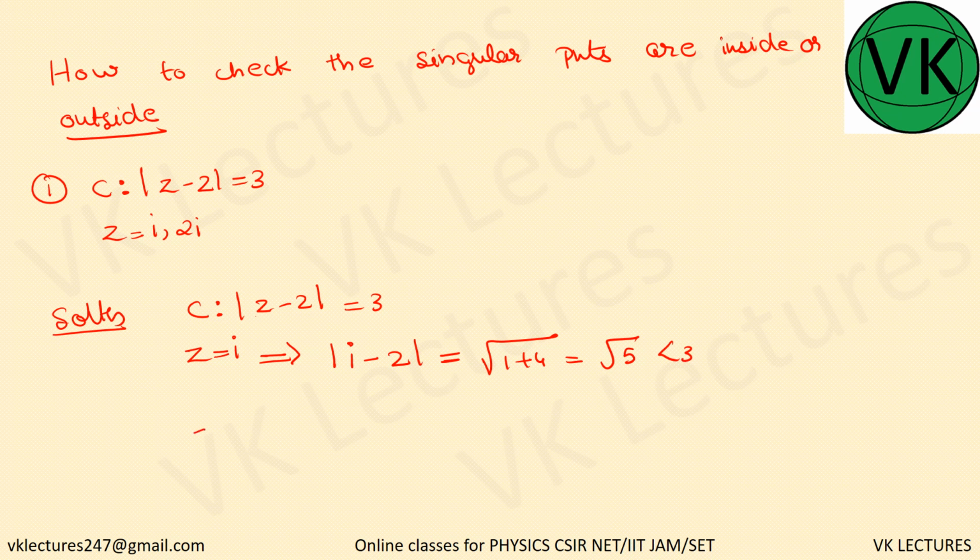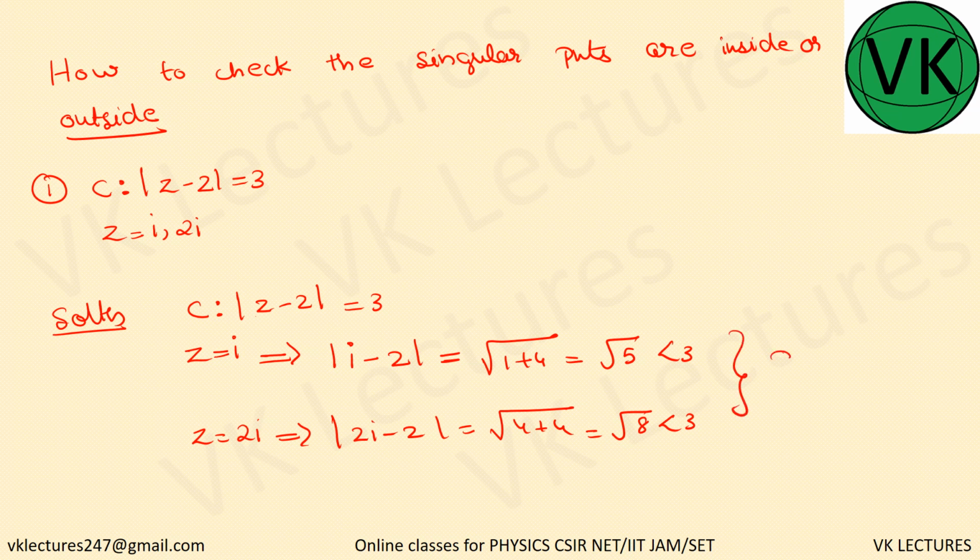And z = 2i: |2i - 2| = root of 4 plus 4, that is root 8, which is less than 3. So these points lie inside, so we can take these points.